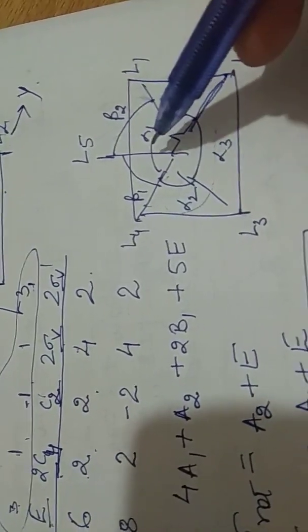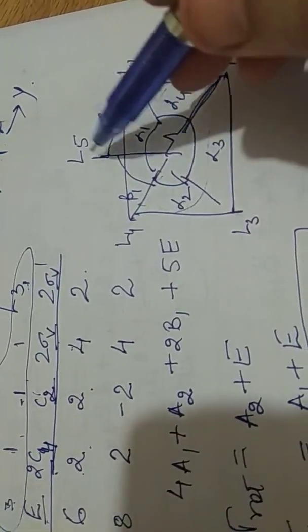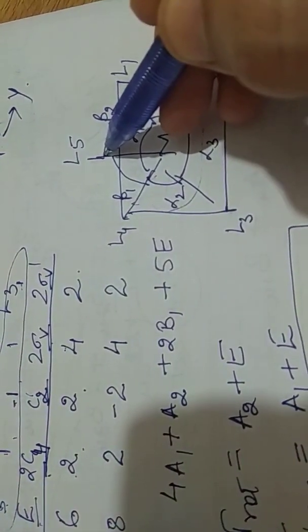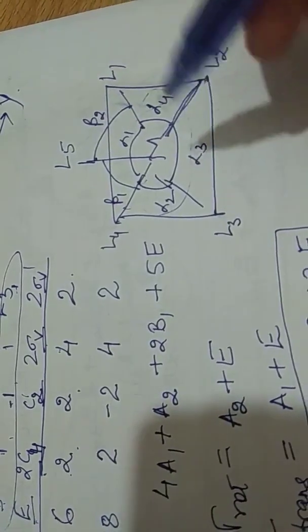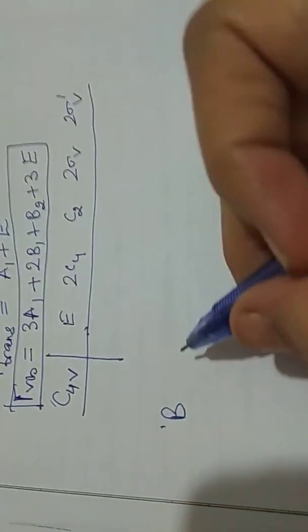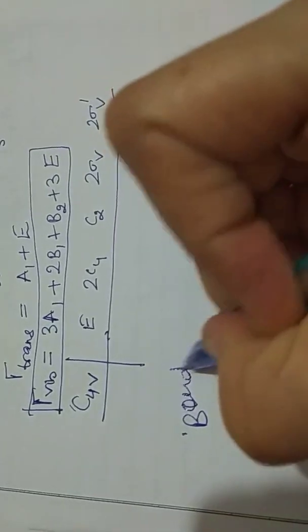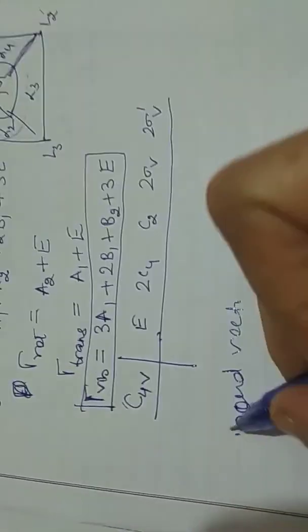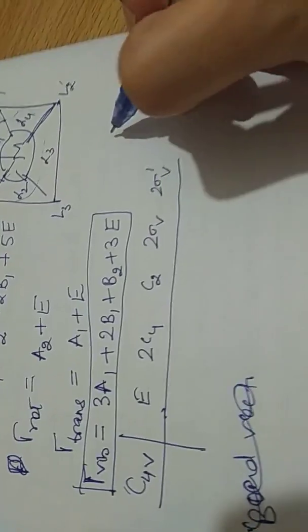So we are going to take these planar bond vectors, and one is the standing one. So let's list the bond vectors. How many internal coordinates are there? Let me write them here.